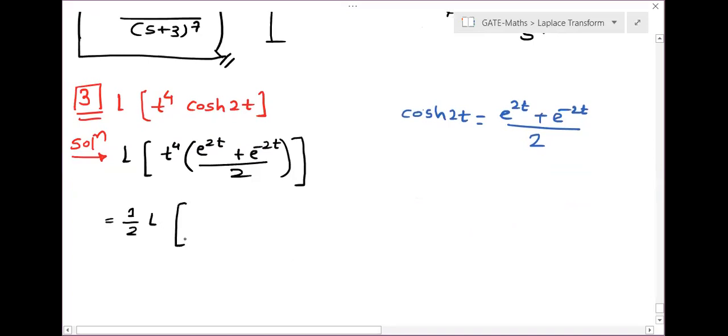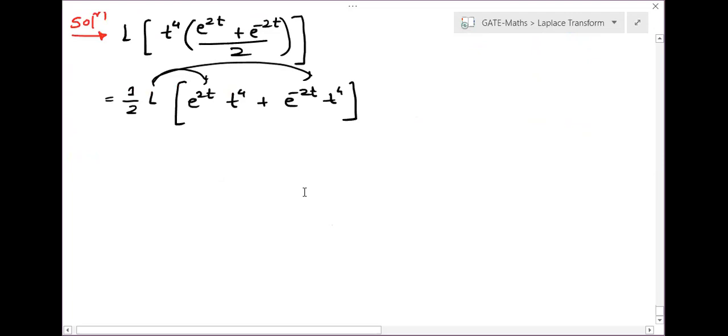Laplace of e to the power 2t into t to the power 4 plus e to the power minus 2t into t to the power 4. Now, since we are having plus over here, Laplace can be applied to both sides, right? And we can apply the first shifting property to both sides, here and here.